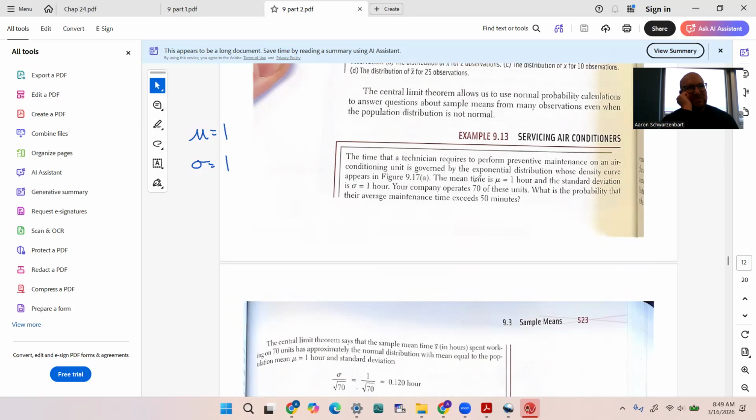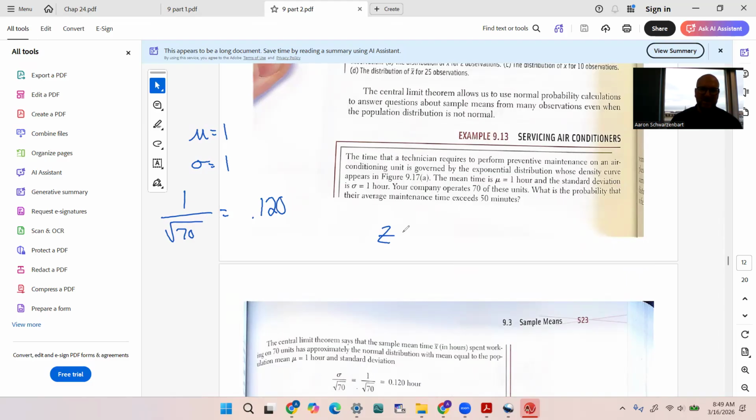This isn't proportions. 70 is sufficiently large that I can say this will approximate normal, correct? And I can calculate the standard deviation: 1 over the square root of 70, which is 0.120 hours.